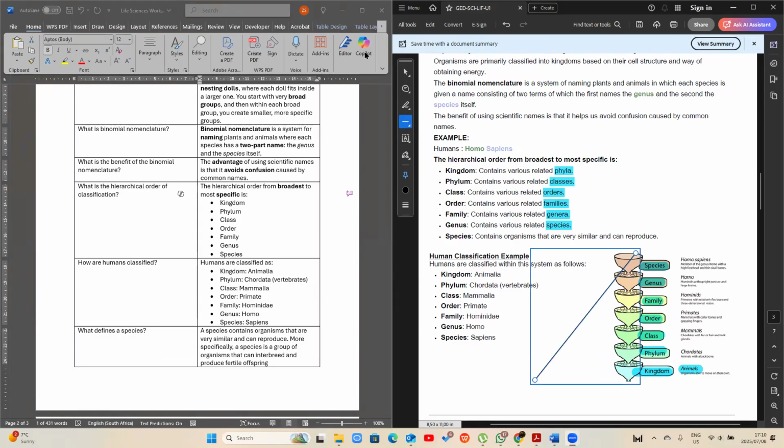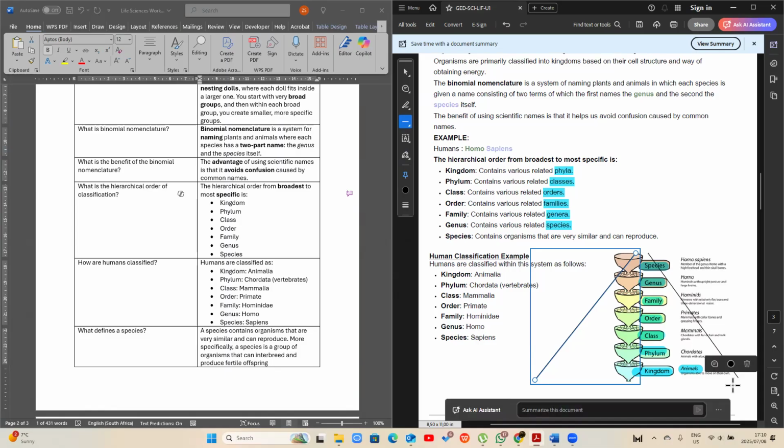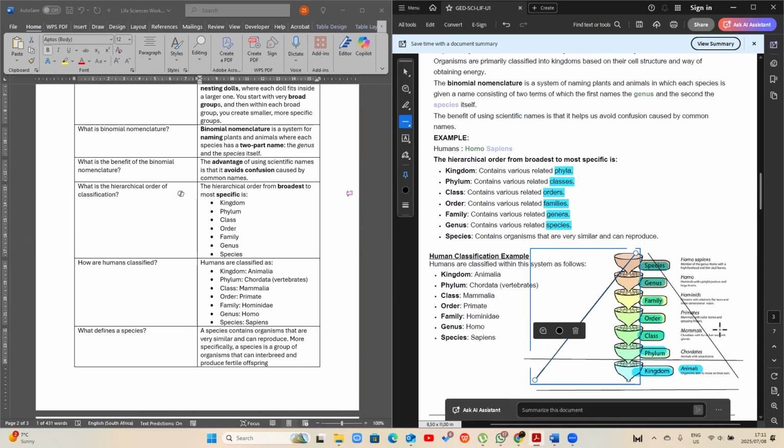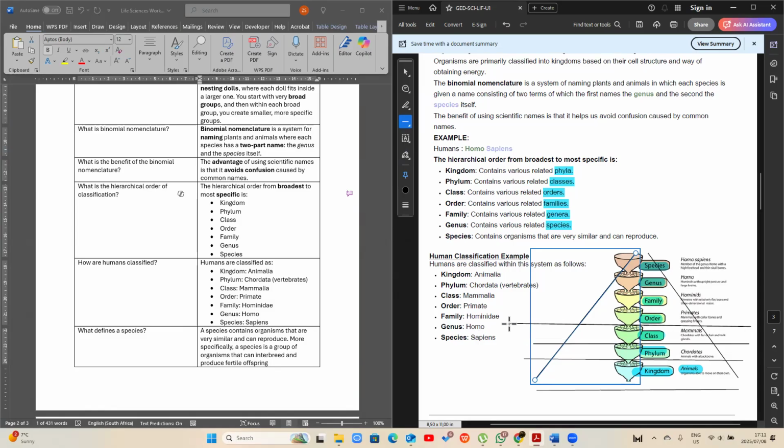In this pyramid, what we see is that at the way bottom, we have the kingdom. Kingdom is the most basic form that we've got here. So therefore, it's going to be the broadest, the one that all the others on top are going to fit within. And so as the pyramid rises, the different levels become smaller and more specific.